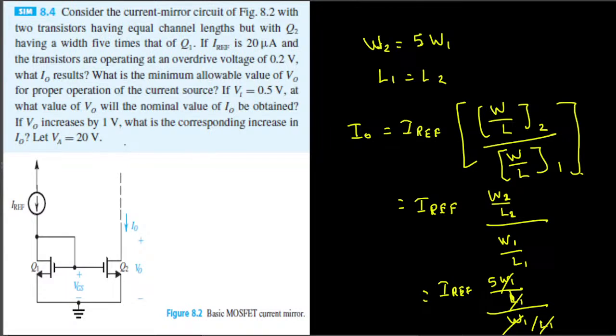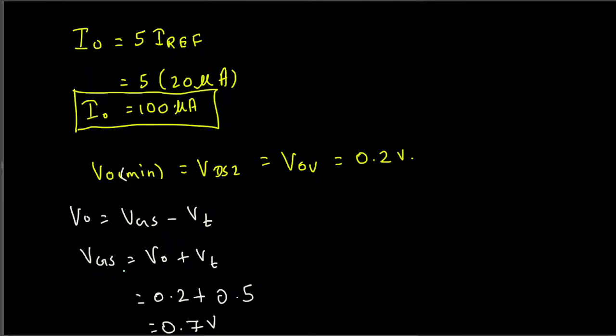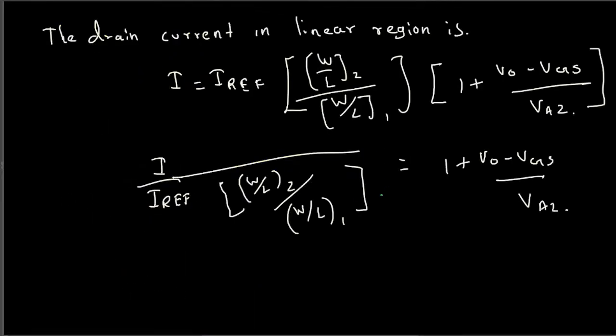Okay, I'm looking at the VA value, that's also provided over here, 20 volts. So we can substitute that as well. VGS we already calculated here, 0.7 volts. Do we have all the values? We have the VA, we have the VGS.